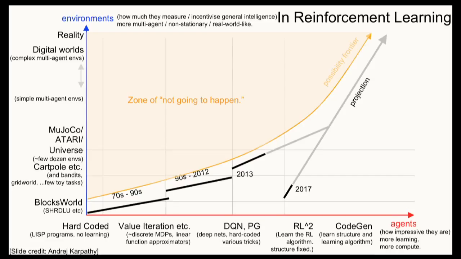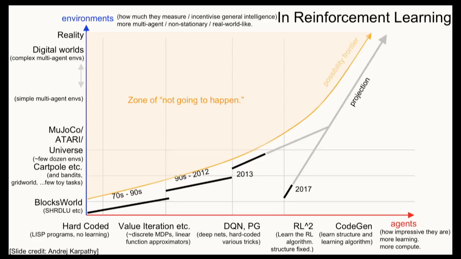But then as we want to solve bigger and bigger problems, we need approaches that involve more and more learning. DQN, policy gradient methods allow us to solve Atari games, some MuJoCo environments. What if we want to go beyond that, like any kind of video game, any kind of digital world? It seems like we might be hitting the limits of our hand-designed algorithms, and maybe if we let the computer design the algorithms for us, we can actually make a lot more progress.